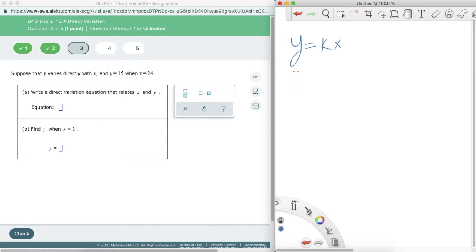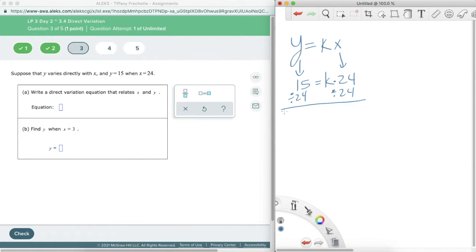So if I plug my numbers in, instead of y, I'm going to have 15. K I don't know yet, that's what I'm looking for, but I do know x. X is 24. So now I just simply solve for k. I'm multiplying by 24, so I do the opposite. I'm going to divide by 24. So now, and see, they took the calculator away again.